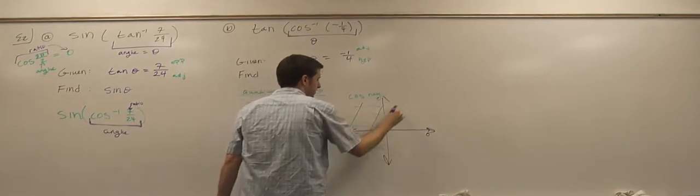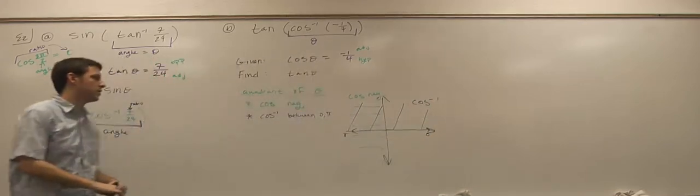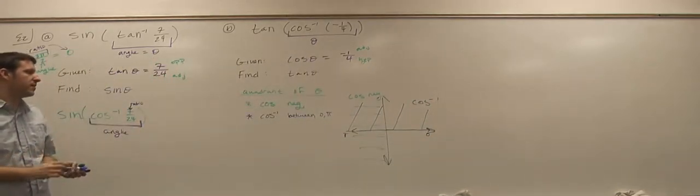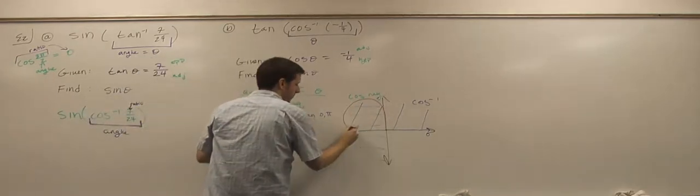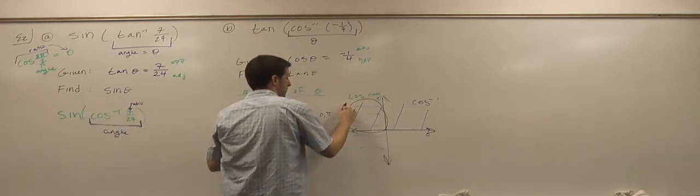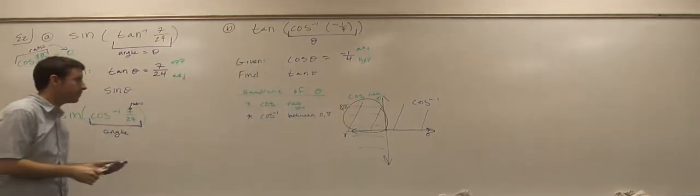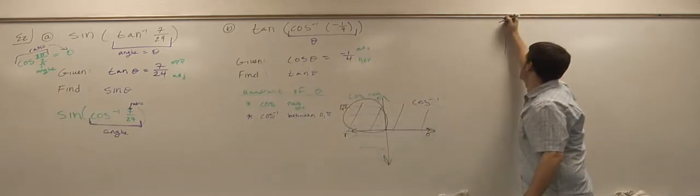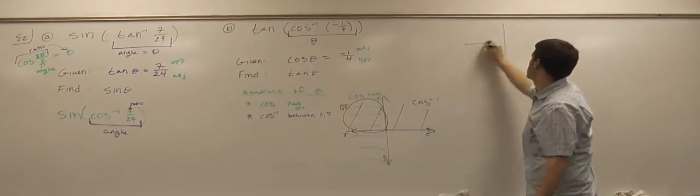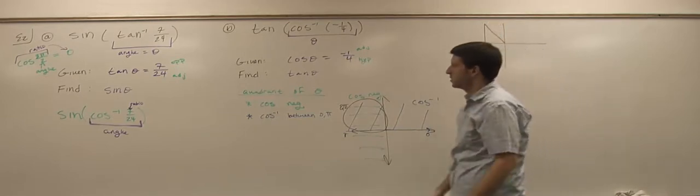Cos inverse has to be between. So what's my quadrant of theta here? So then I stick my triangle in quadrant 2.